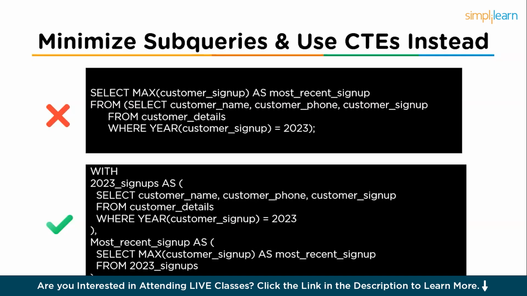You can use WITH 2023_signups AS (SELECT customer_name, customer_phone, customer_signup FROM customer_details WHERE year = this much), most_recent_signup AS, and then you give the table name and select whatever columns you are selecting from 2023_signups, and then select most_recent_signup from most_recent_signup.